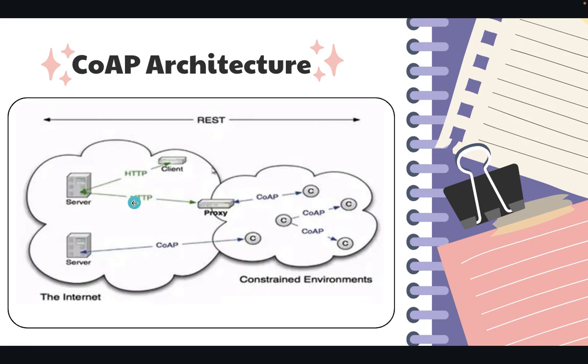What I can say about this architecture is that it extends normal HTTP clients to clients having resource constraints. These clients are also known as CoAP clients. The proxy device bridges the gap between this CoAP constrained environment and the typical internet based on the HTTP protocol.